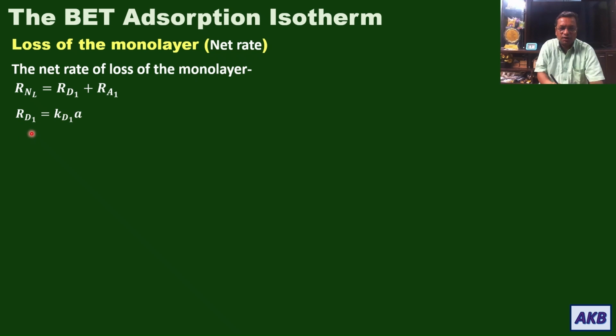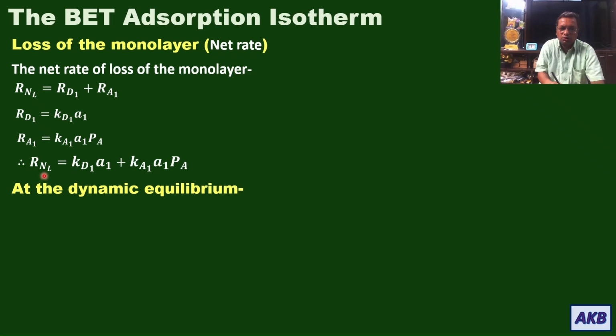We got the equation for RD1, it is KD1 into A1. And then we also got the equation for RA1, which is KA1 into A1 into PA. So RNL will be equal to KD1 into A1 plus KA1 into A1 into PA. The net rate for loss of the monolayer. So now we got the net rate for the loss of the monolayer.